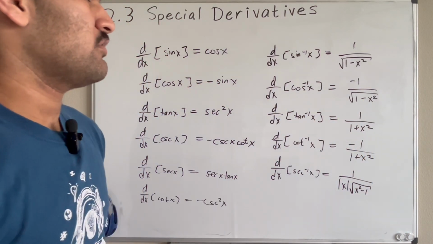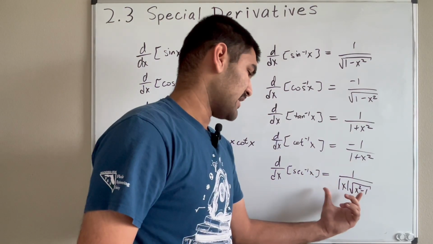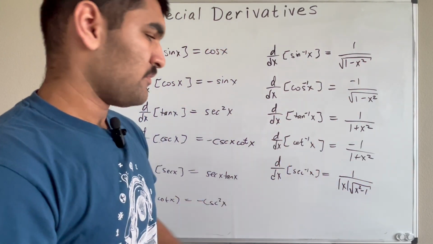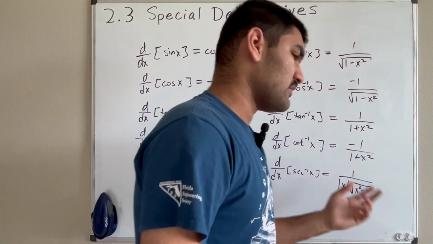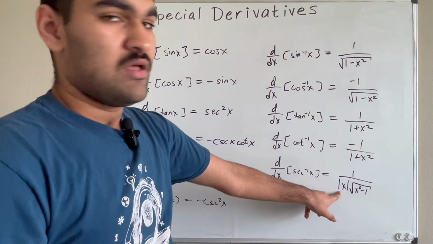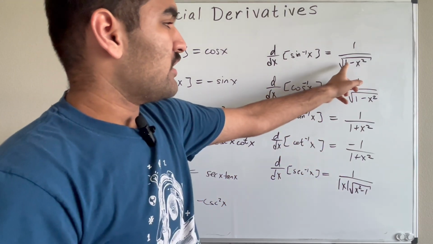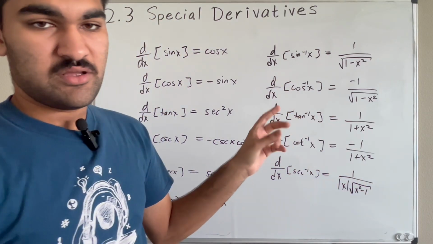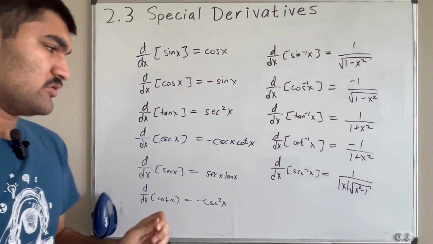So two things I have to point out is that this looks very similar to the inverse sine derivative. The differences are that first of all you have an absolute value of x out front, and second of all here you have 1 minus x squared, but here you have x squared minus 1. Okay, so remember to keep note of the order of the subtraction.